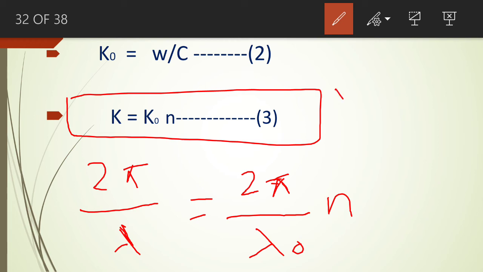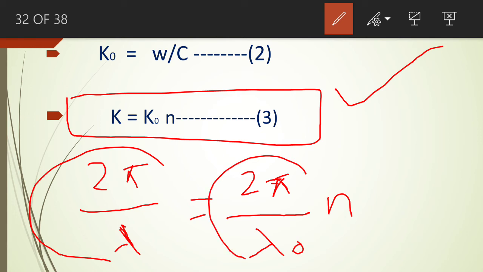So we can calculate the propagation constant of the electromagnetic wave with the help of equation number 3 as well. We know that k is equal to 2 pi by lambda and k naught is equal to 2 pi by lambda naught n.